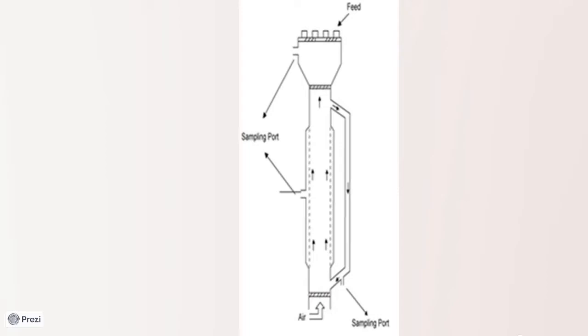So, the basic phenomenon in an airlift reactor is that air at a defined flow rate will be sparged into the reactor, and the pressure at which the air enters into the reactor will be sufficient for providing mass transfer inside a reactor.